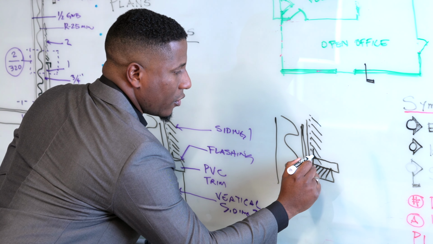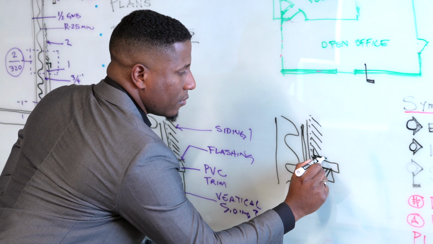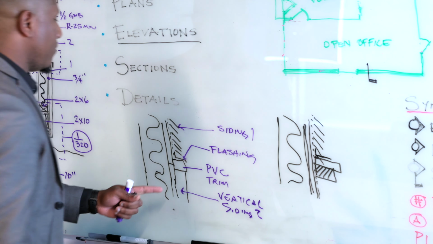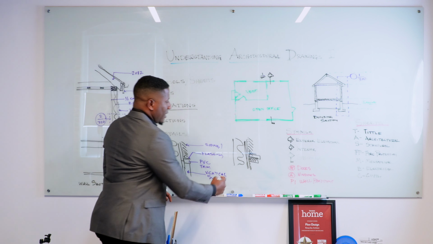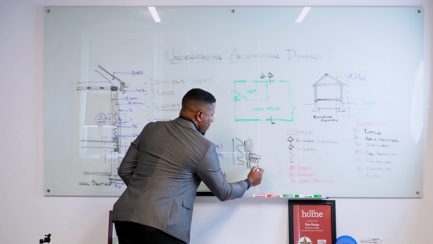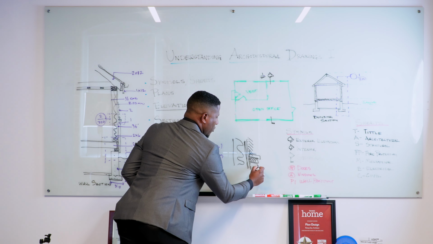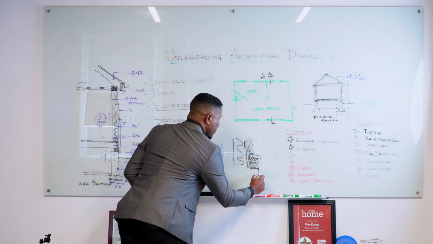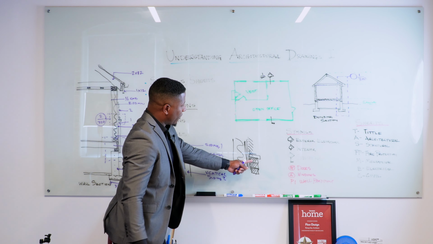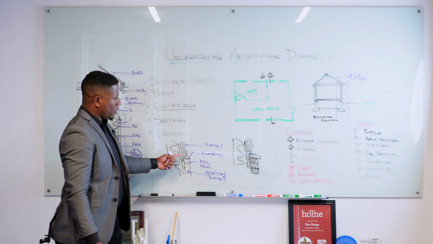But then you have your flashing detail right here. And then you have that cap there made of stone, but then you have your veneer brick attached there. And you can kind of see how different this detail is compared to this one.